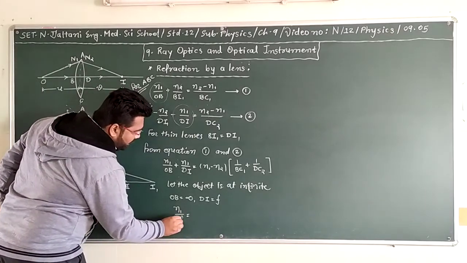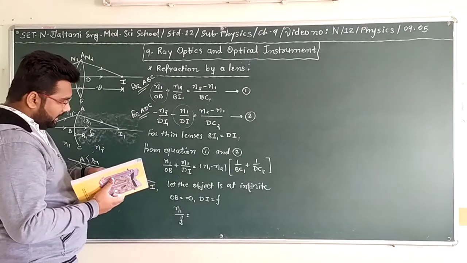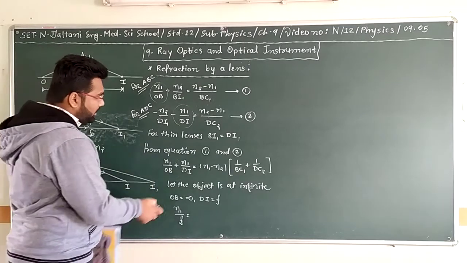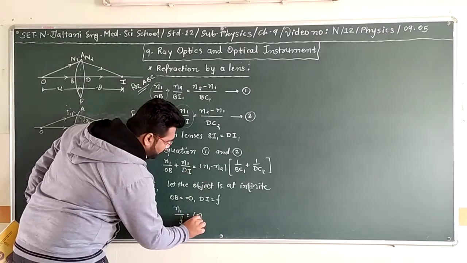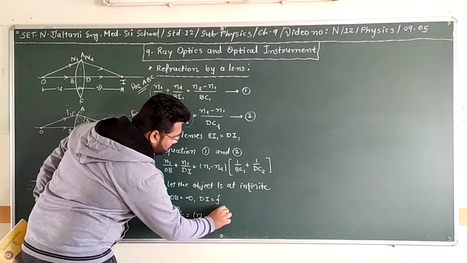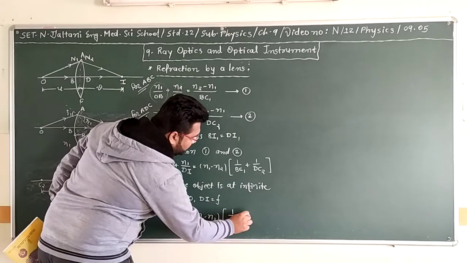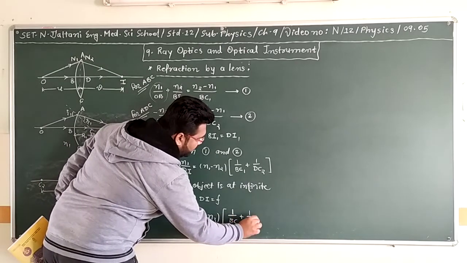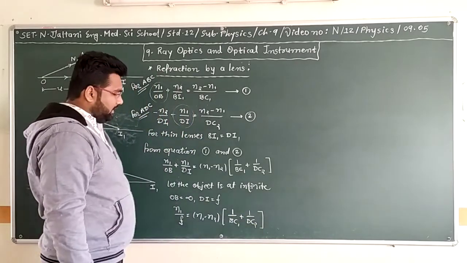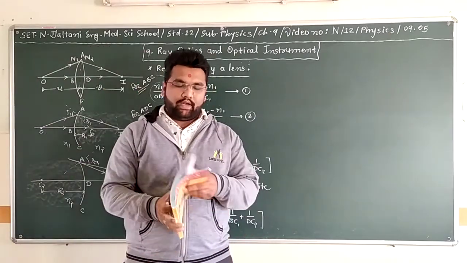So di will be replaced by f, and on the right side we get the same thing, n1 minus n2 into the bracket 1 upon bc1 plus 1 upon dc2. So this is our formula, n1 upon f.